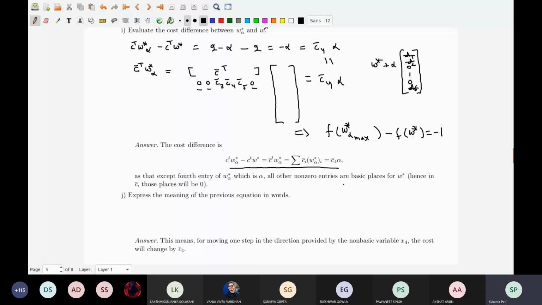Here we have taken 1 unit and C bar 4 was minus 1. So the cost has changed by minus 1.